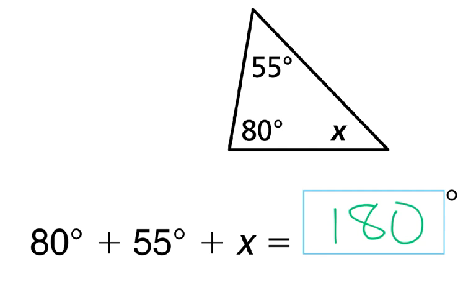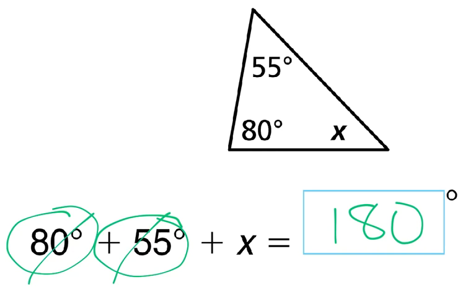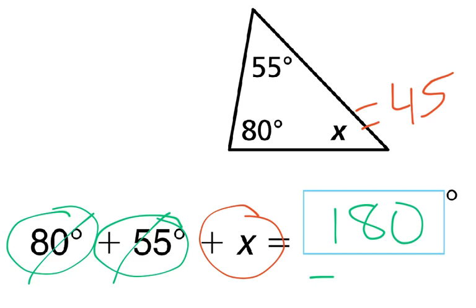Let's subtract 55. Let's subtract the 80. If you do 180 minus 55, you get 125. And 125 minus 80 more, we find that we have 45 left over. And that x equals 45 degrees.